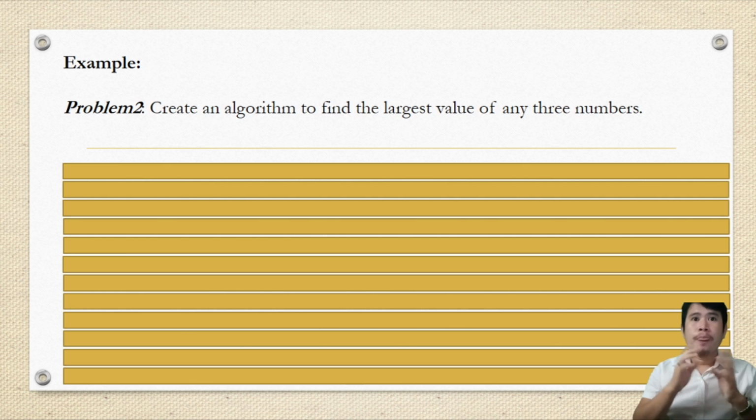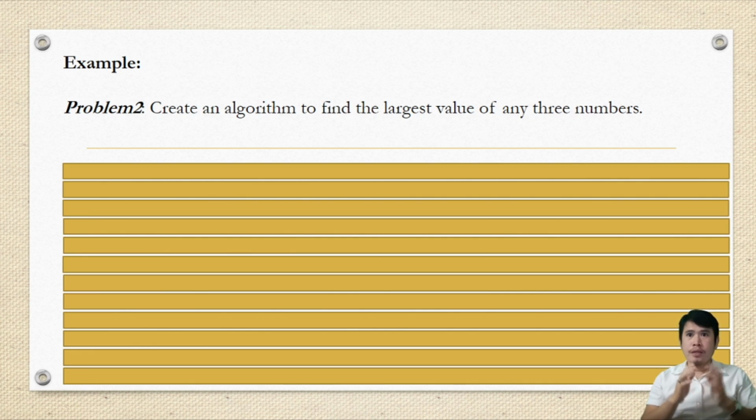Take note, ha? And the other one is to compare also by using the logical operator, if asa ang correct nga algorithm nila. Okay? So first, we have to create an algorithm by using a relational operator.